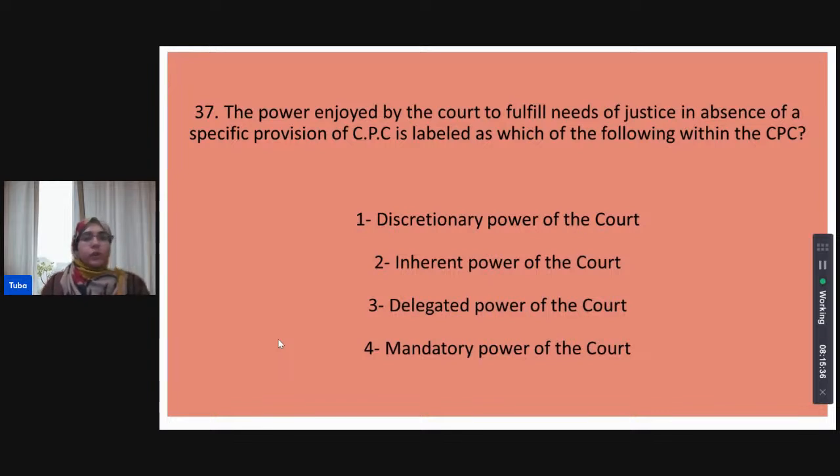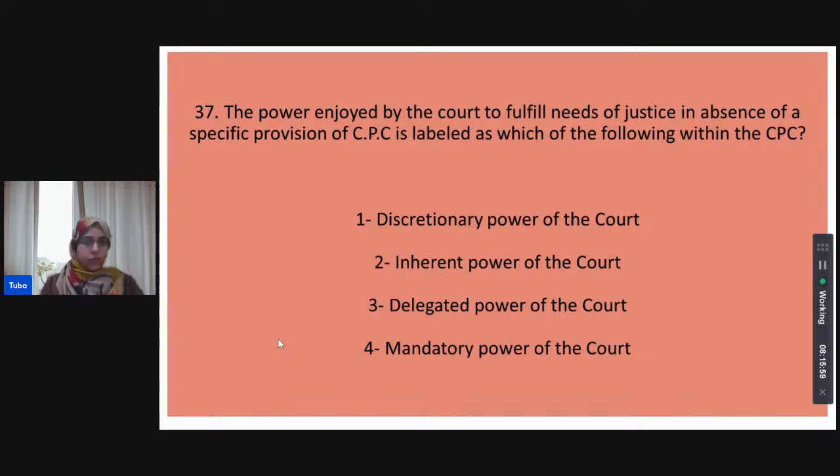The power enjoyed by the court to fulfill needs of justice in absence of a specific provision of CPC is labeled as which of the following within CPC itself? So, a power which the court has to fulfill the needs of justice where there is no specific provision, where CPC otherwise is silent on such a situation. What is it labeled? What nature of a power is that?